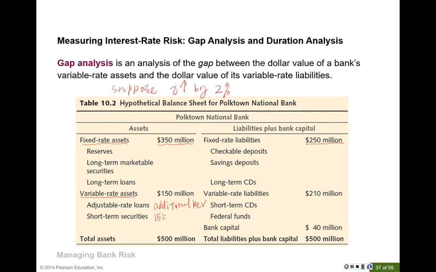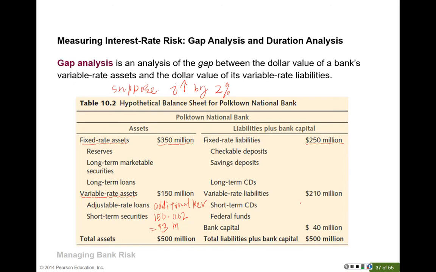This $150 million variable rate asset can earn an additional 2%, equal to 0.02. So use 150 multiplied by 0.02, and we get $3 million additional revenue. But on the other hand, on the liability side, this bank has a $210 million variable rate liability.